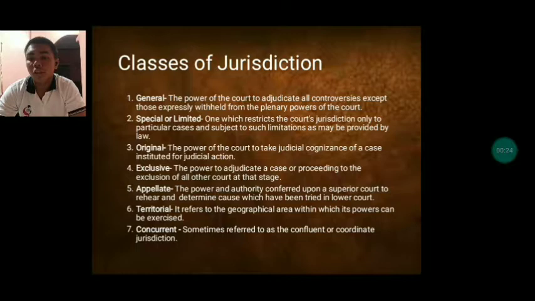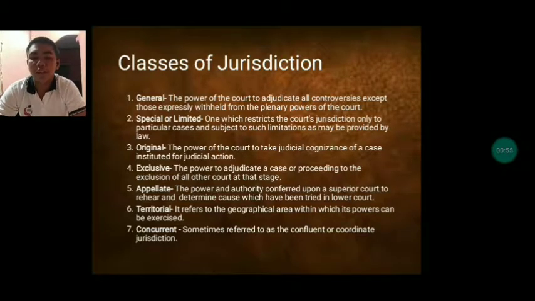It extends to all controversies which are brought before the court within the legal bounds of rights and remedies. So diha si general. So siya ang nagahatag og kanang legal bounds or the right na unsa jud dapat buhaton para makuan ang kontrobersiya.